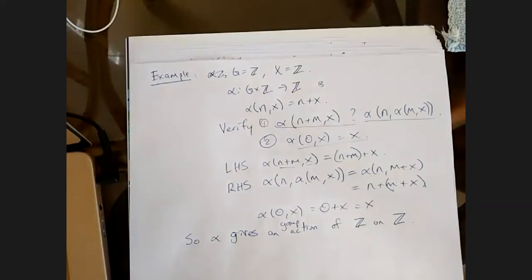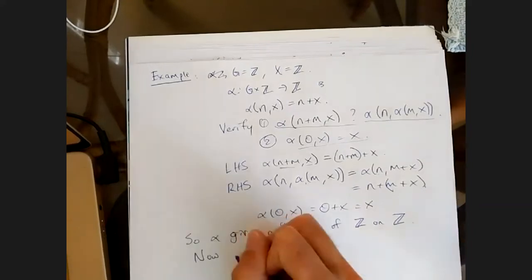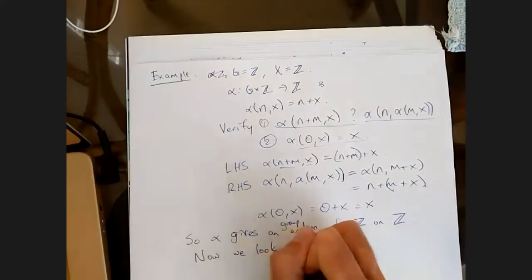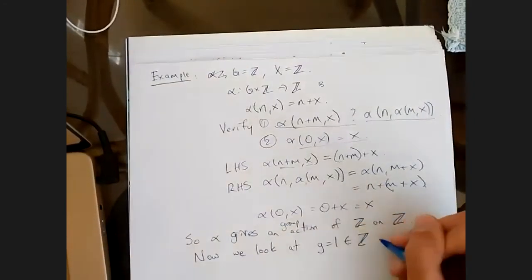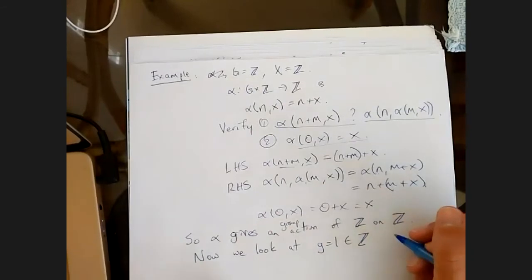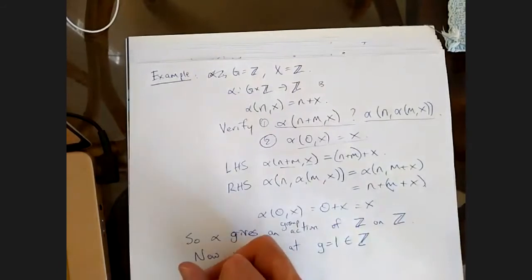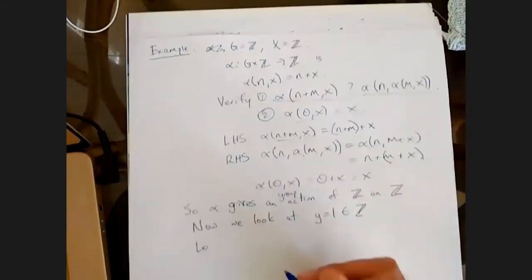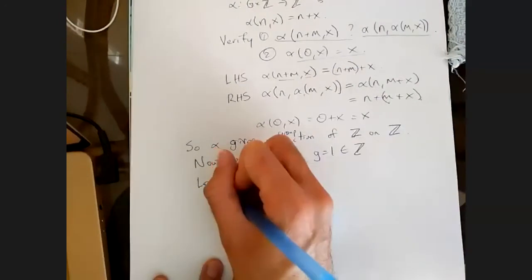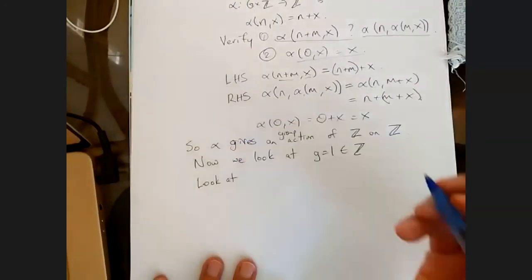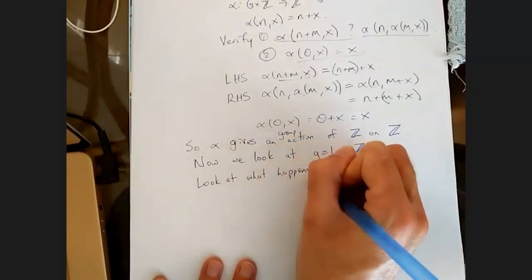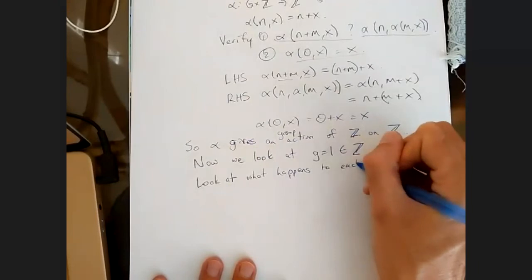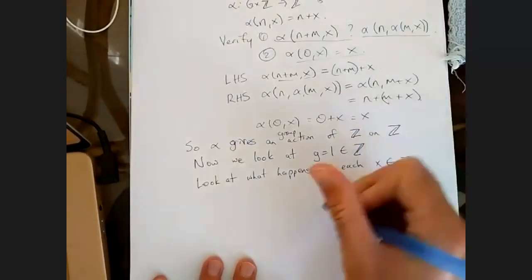Okay. So now we look at maybe the element G equals 1 in Z, as we're thinking of 1 as an element of the group. And we look at what it does. Look at what happens to each X in Z when G acts on it.